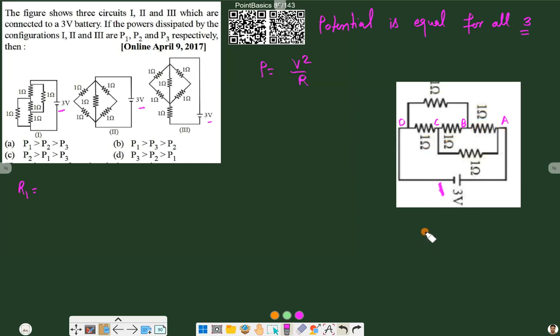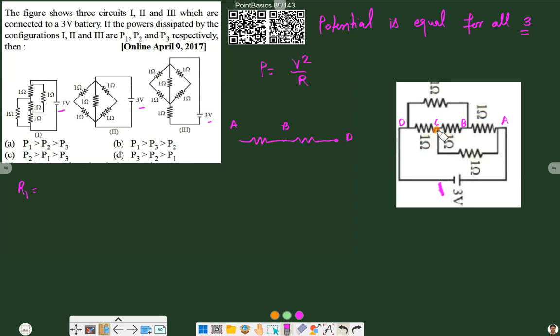From A to B we have 1 ohm resistance. Now between B and D we have again 1 ohm resistance.